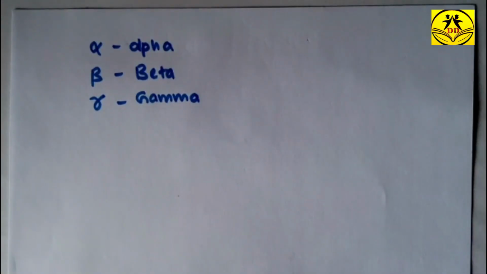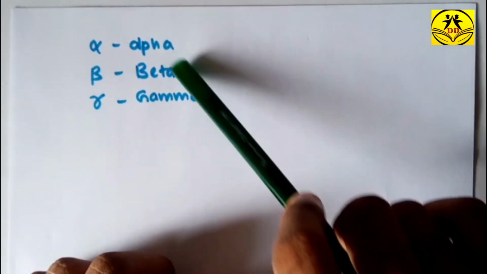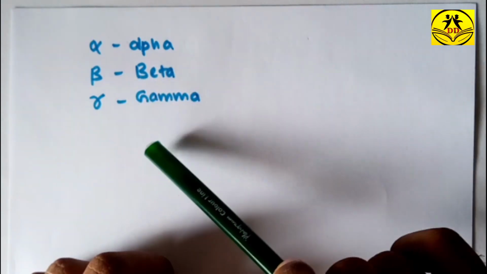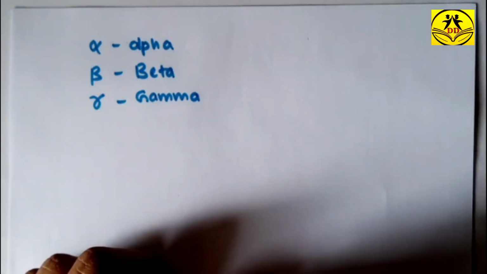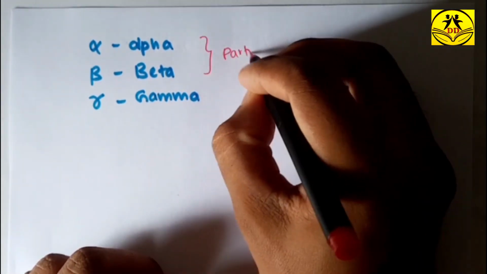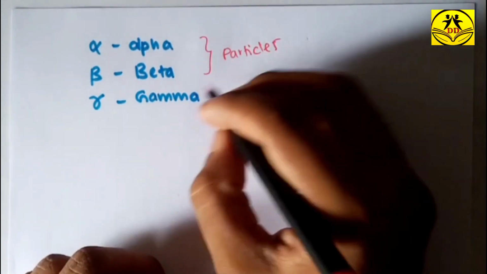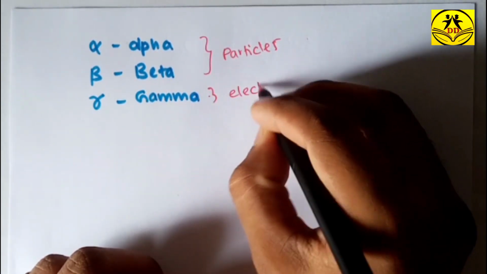There are three main types of radiations that we are going to learn: alpha, beta and gamma. Out of these three radiations, alpha and beta rays are particles, but gamma rays are electromagnetic radiation.